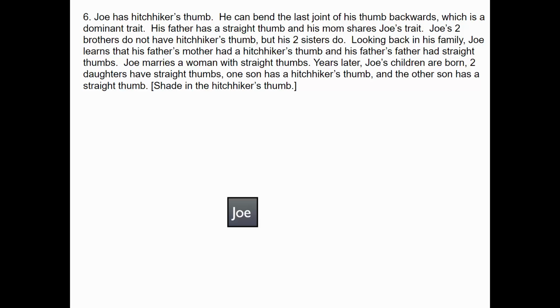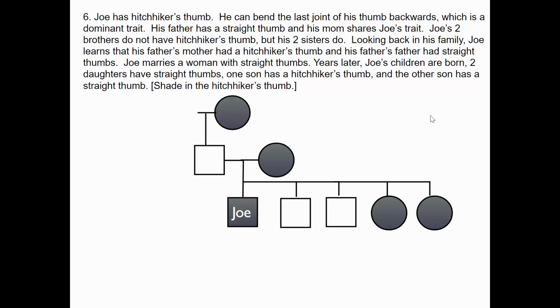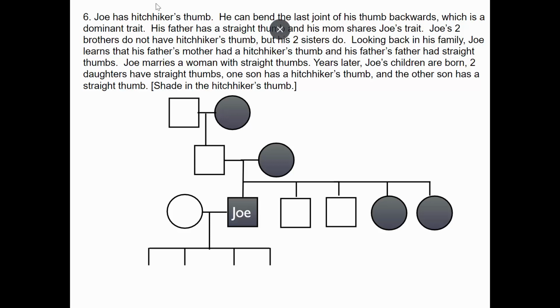All right, here you go, the correct answer. We have Joe. Okay, his parents are going to go up here. How are we so far? Yeah, you could. The order can be switched. That's okay, as long as they're connected properly.